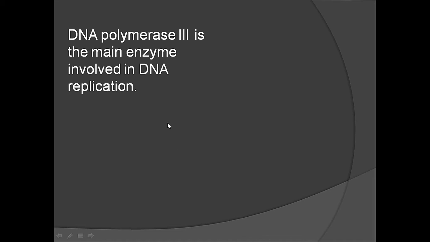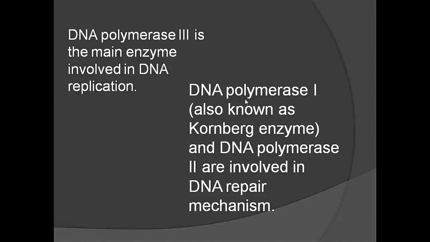DNA polymerase 3 is the main enzyme involved in DNA replication. DNA polymerase 1 and 2, the first and second, are involved in the DNA repair mechanism. DNA polymerase 1 is called the Kornberg enzyme.